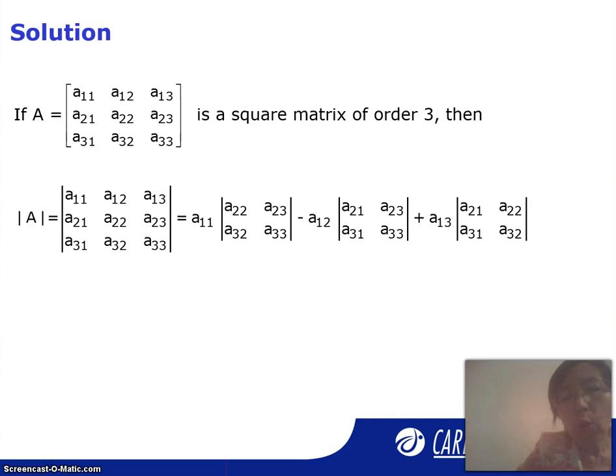So we can write A11 multiplies the determinant of second order A22, A23, A32, A33 minus element A12 multiplies the determinant of second order A21, A23, A31, A33 plus element A13 multiplies the determinant of second order A21, A22, A31, A32.